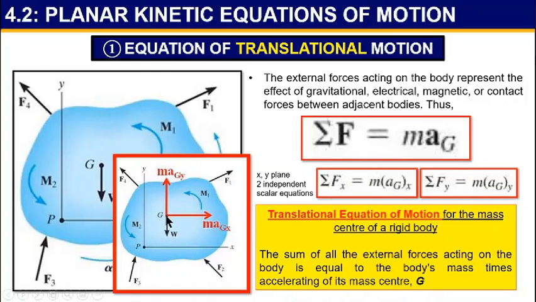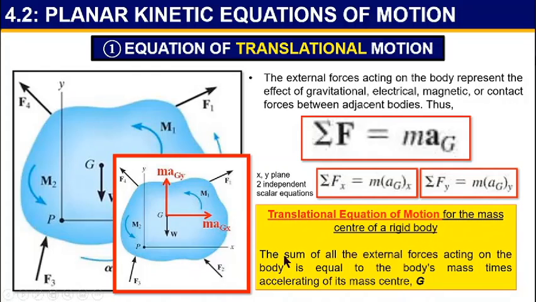We have center point G, we have the weight, and then we have the mass times acceleration in the y direction from the center point G, and also the mass times acceleration in the x direction from the body center G.